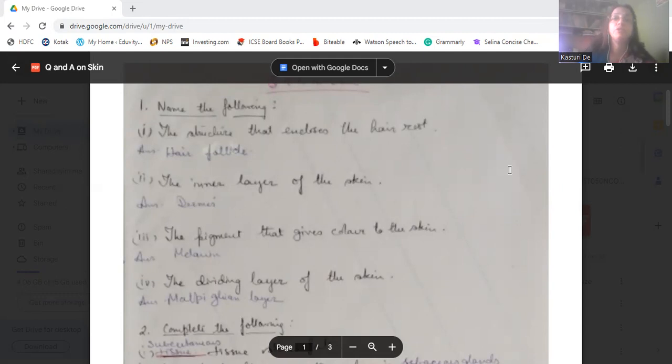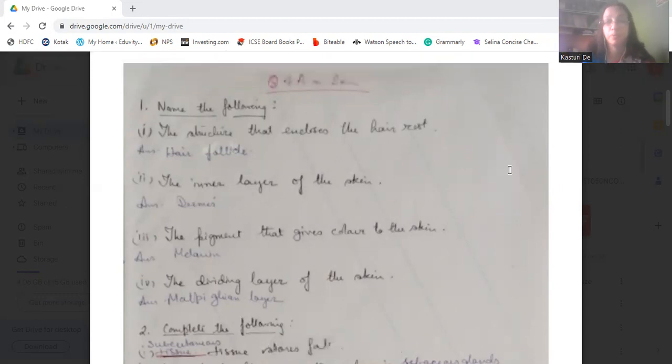So the first question today is name the following. The structure that encloses the hair root is the hair follicle. You can see the picture where the hair root is enclosed by the hair follicle. The inner layer of the skin is the dermis, the outer layer is the epidermis.